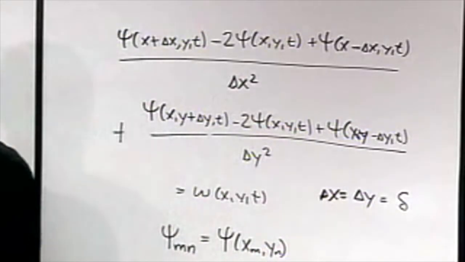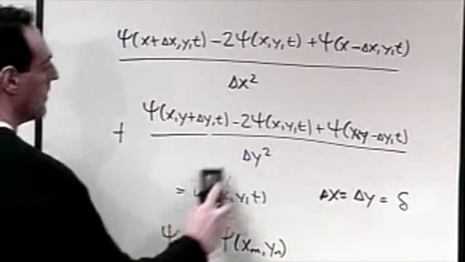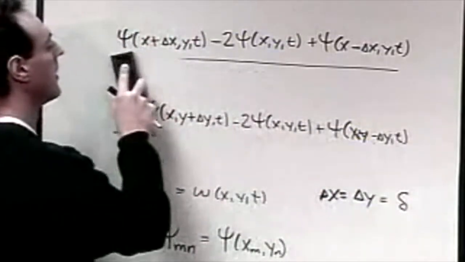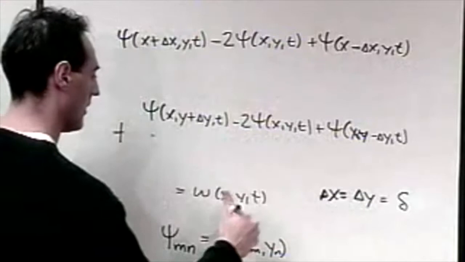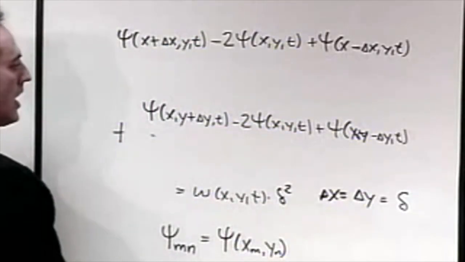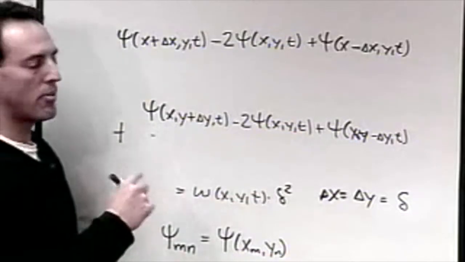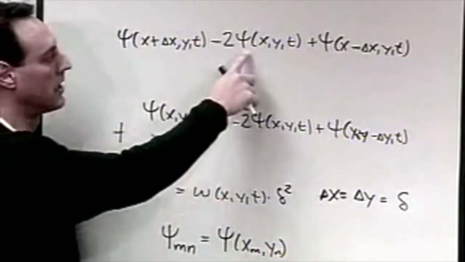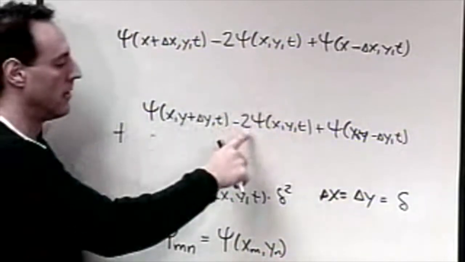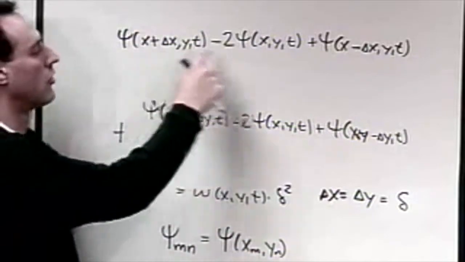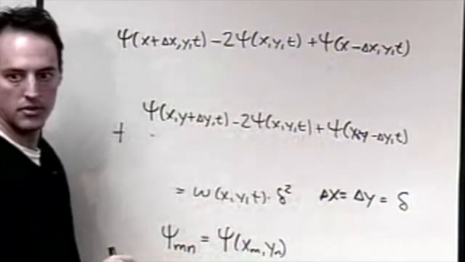This thing comes out here, this thing comes out there, and I get this times delta squared. What's the weight of the point at xy? I have minus 2 of them here, minus 2 of them there, so a total of minus 4. And then there's 1 of each of the neighboring points.